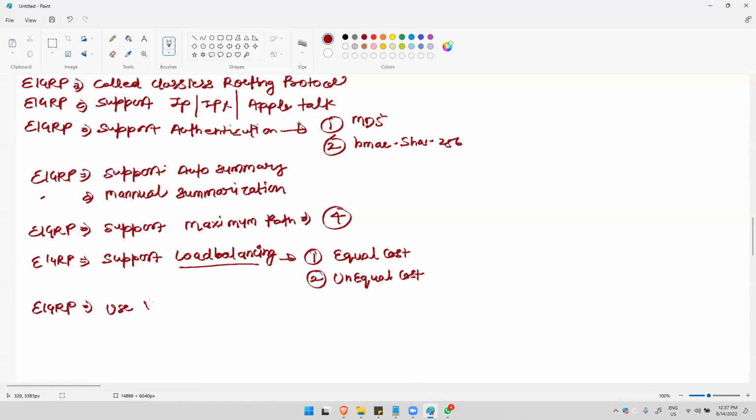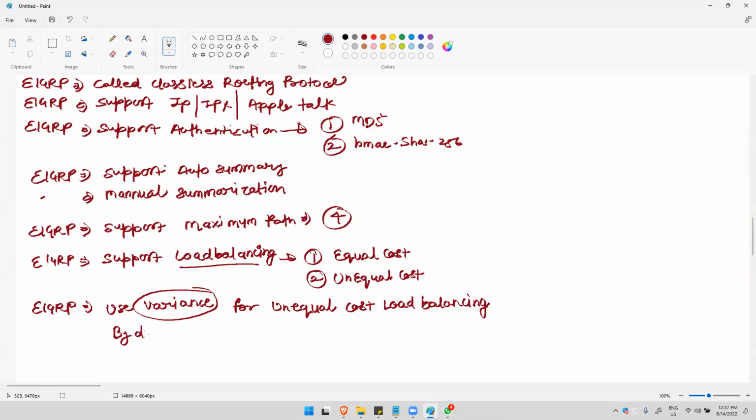EIGRP uses variance. Which one? Variance. For unequal cost load balancing. Clear? And one more thing, always remember, by default variance value is how many? 1.